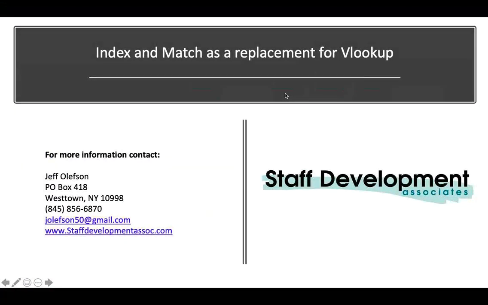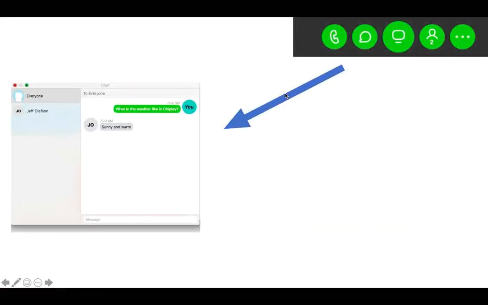But just in case anybody's new, doesn't really have any experience with this, let me just give you a quick lesson on how to use the chat box. You're going to see these icons on top.